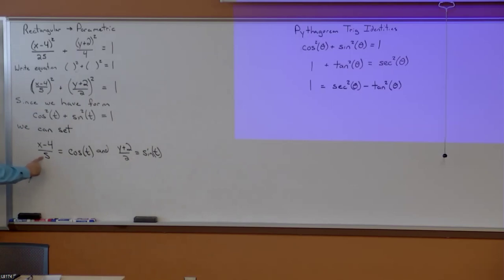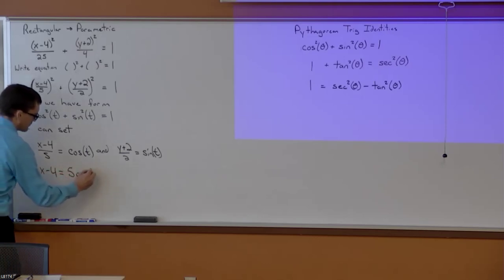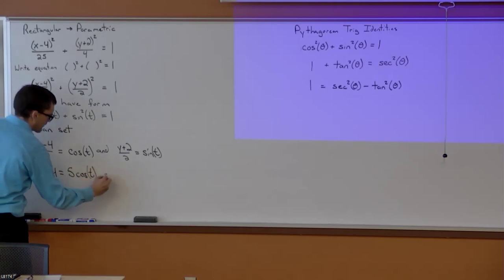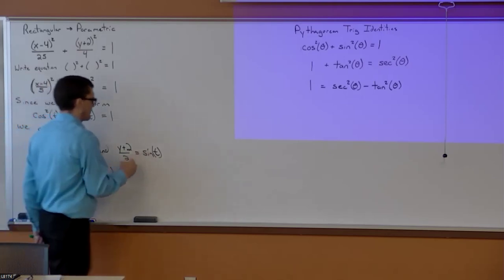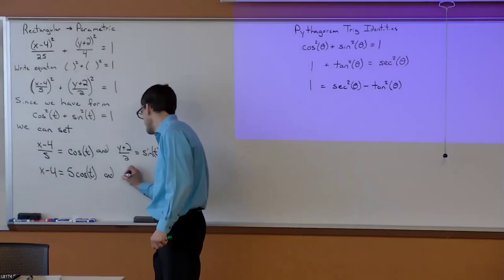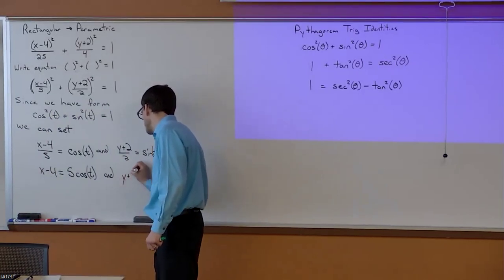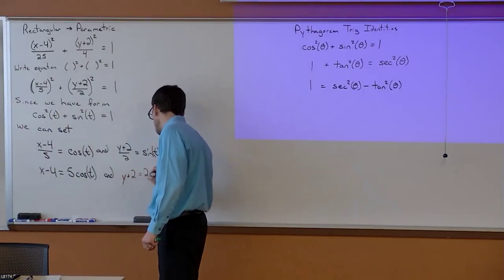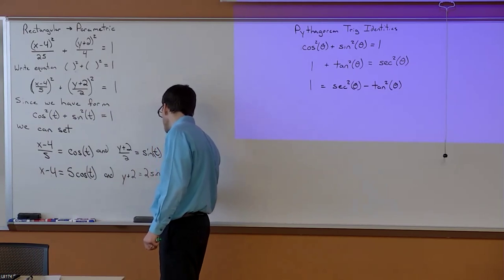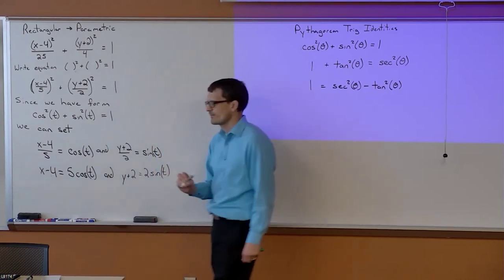We're going to take this one and multiply both sides by 5. That's going to give us x minus 4 is equal to 5 times the cosine of t. Over here, we're going to multiply both sides by 2. We're going to get y plus 2 is equal to 2 times the sine of t.